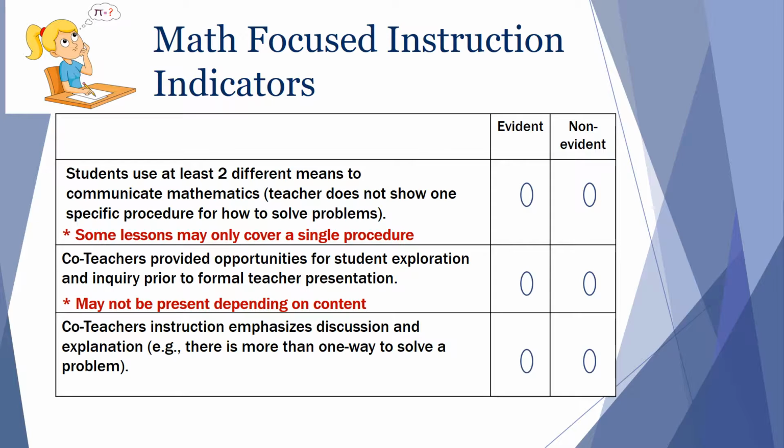The exception is that these indicators are really more prevalent in higher secondary math, quite frankly due to the nature of the content being taught. If, however, you're observing an elementary classroom where little student exploration or alternative strategies are being used, coaching may need to be done.